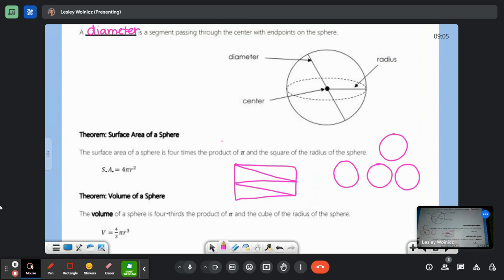And then the top was 2 pi r, and then this other side was 2r. Thank you. And then we get the surface area for a sphere. Okay, questions?